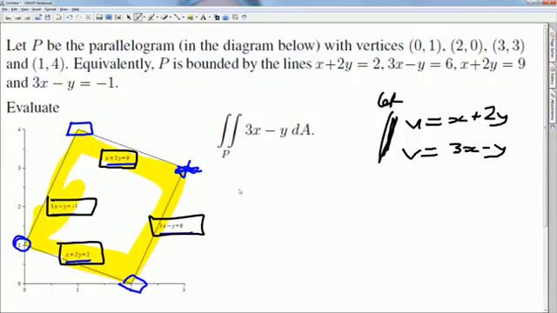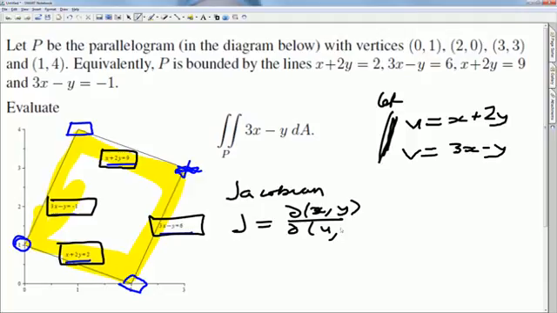So the first thing I want to do is find the Jacobian. The Jacobian normally is the absolute value of a determinant of a matrix with lots of partial derivatives in it, and we normally write it down as the partial derivatives of x and y with respect to u and v, and then take the determinant.